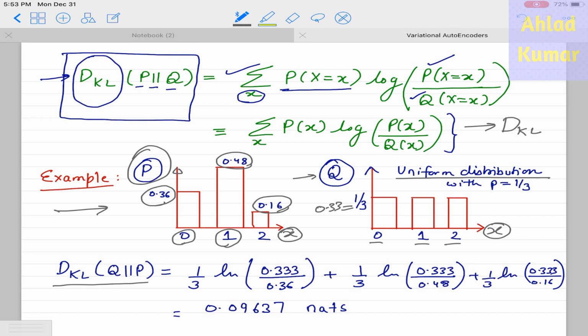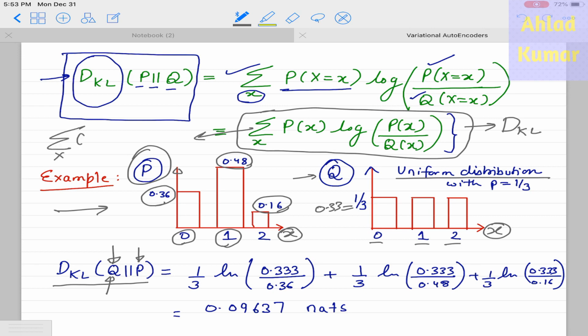So what we have to do is just substitute appropriate values into this formula. One important thing is which PDF you put in the first location and which PDF you put in the second location. Here I am putting Q in the first position, so the formula is modified to Q(x) log of Q(x) divided by P(x).